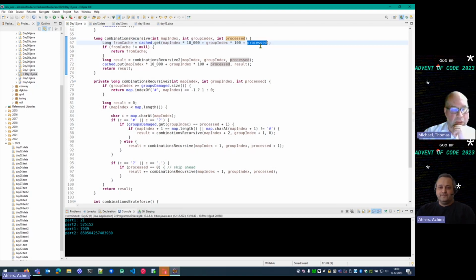I got it. Achim, what was the hardest thing in this puzzle, the hardest challenge for you? This code doesn't look that complex, but actually piecing that together, ooh, that was something.